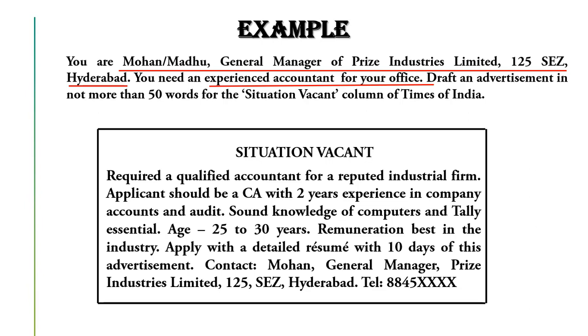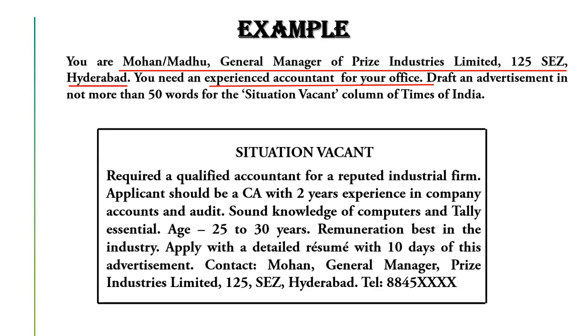So see, we've written all these essential information like required. You have to always start the advertisement with the word required. And then of course, who do you want? A qualified accountant for a reputed industrial firm. Then of course, you have to also write that the applicant should be a CA with 2 years of experience, 4 years of experience, your call.